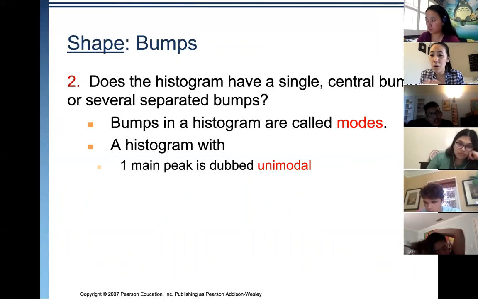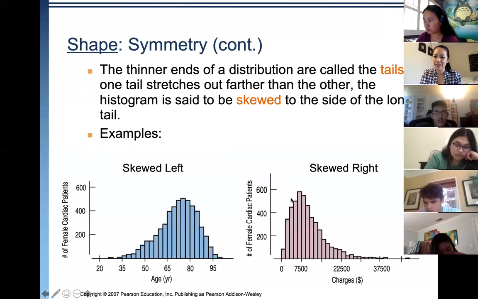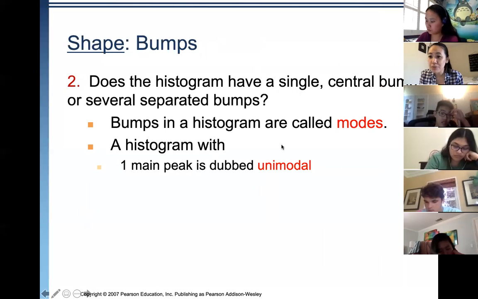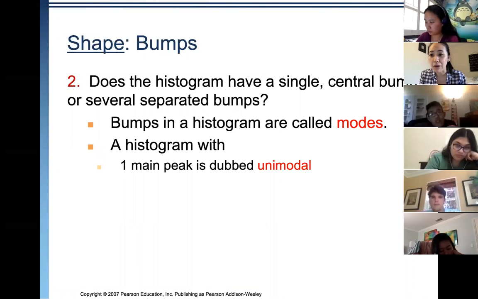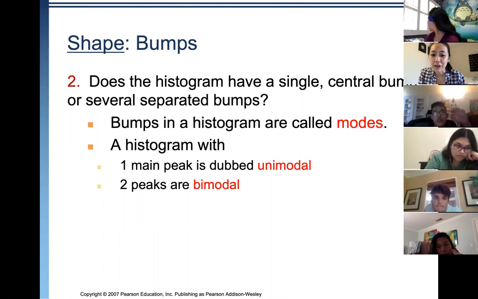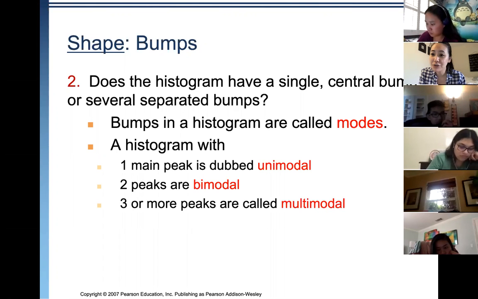If you have one main peak, like these two, those are considered unimodal: uni, one, modal, mode, so one mode. If there are two peaks, this is considered bimodal. And if there are three or more, we call that multimodal. Sorry, there's no trimodal. It's just multimodal.